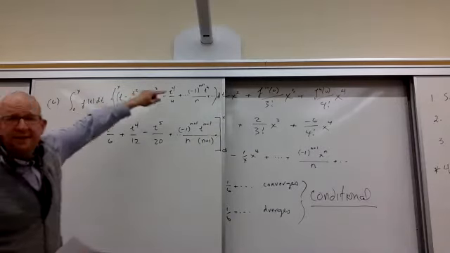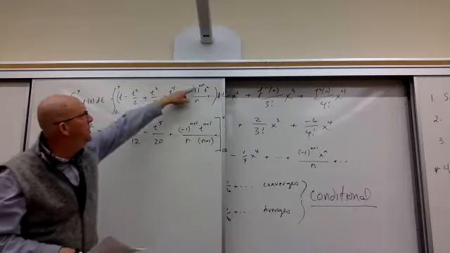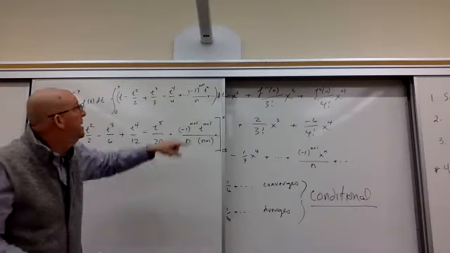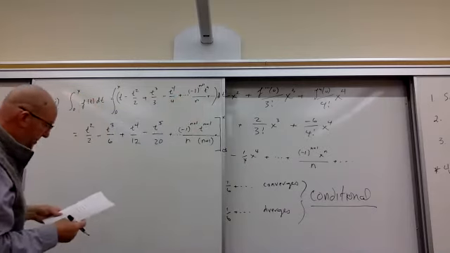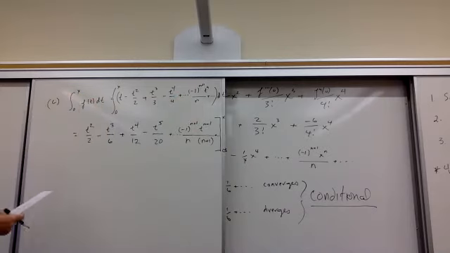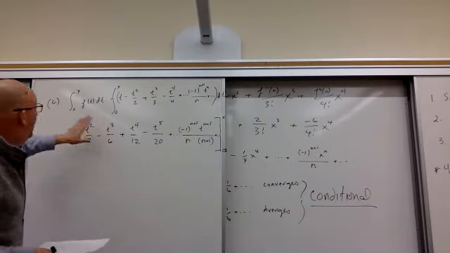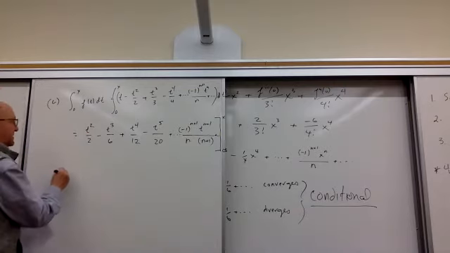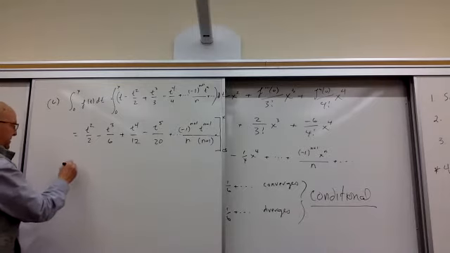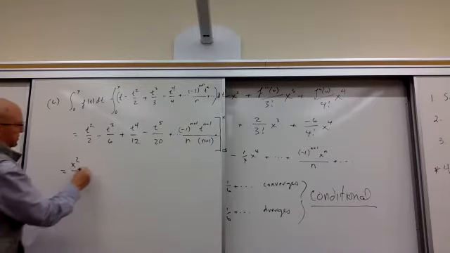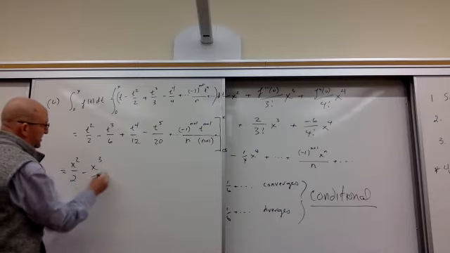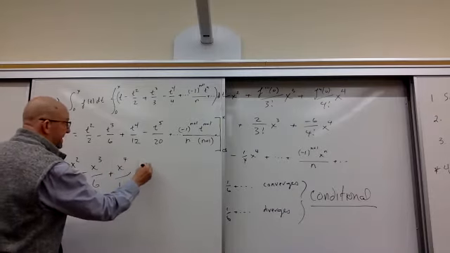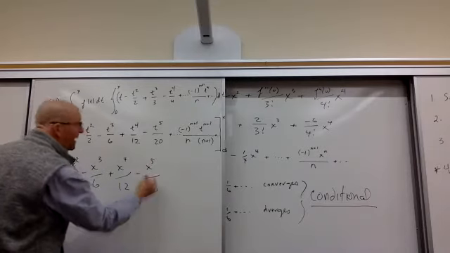So in other words, the key here for students is the (-1)^(n+1) over n, that's just a constant. Stays the same. But then t to the n becomes t to the n plus 1 over n plus 1. Well, at 0, all those terms go to 0, so we'll just evaluate this at x. So then our answer here is going to be x squared over 2 minus x cubed over 6 plus x to the 4th over 12 minus x to the 5th over 20.